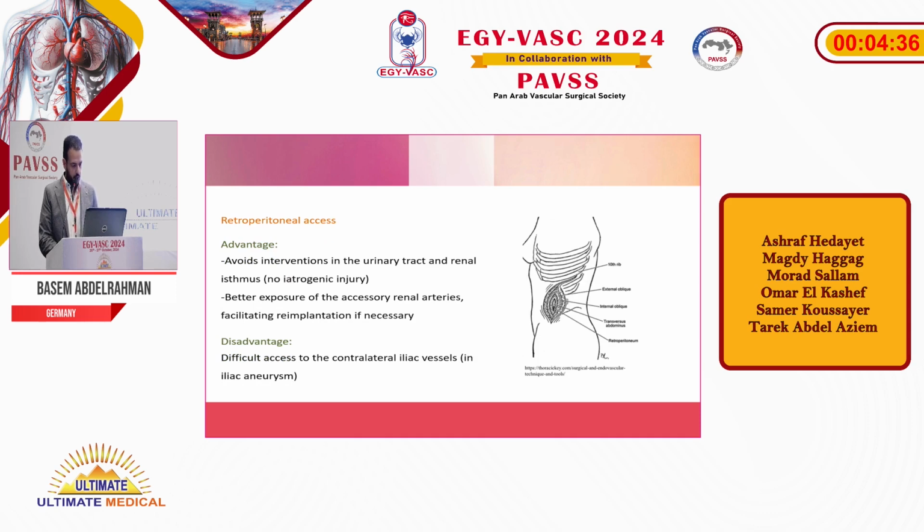And retroperitoneal access, in my opinion, has limited access in such cases for exposure of the contralateral iliac vessels, but it gives us a better chance to reanastomose the accessory renal arteries.